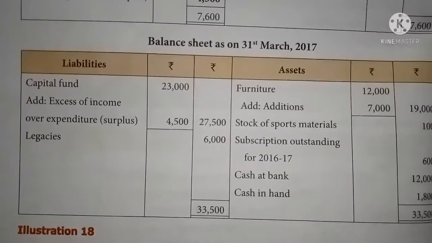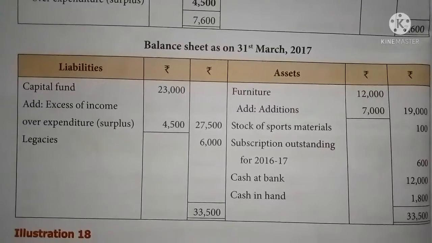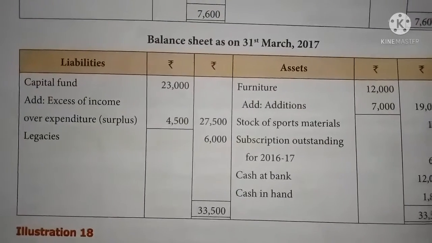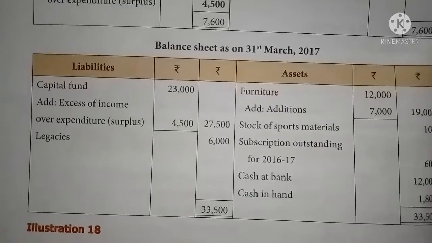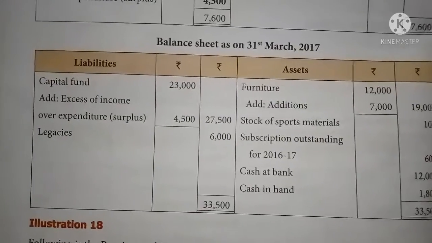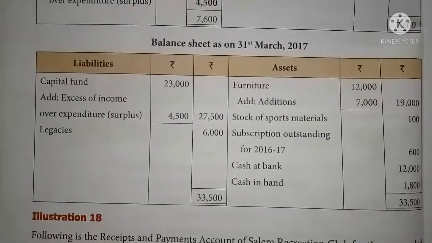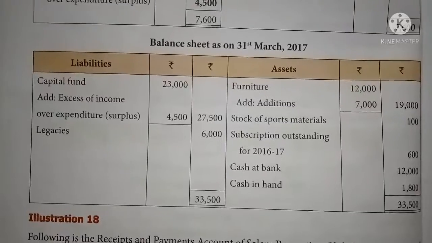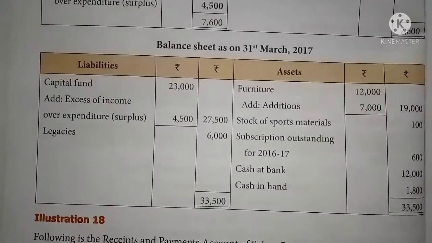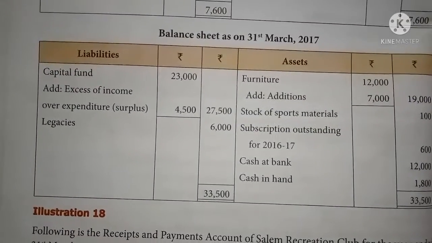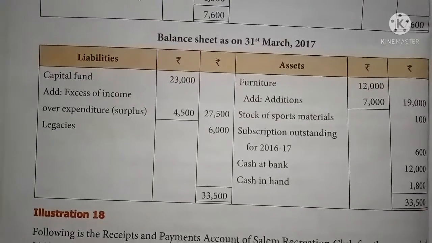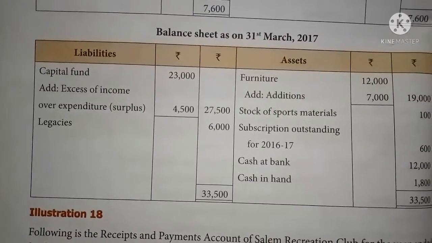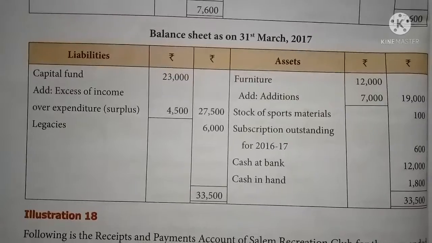Legacies, it is the capital receipt. It is already given in the receipt and payment account receipt side. That should be taken to the liability side of balance sheet, 6,000. So after writing all the receipts, capital receipts and the capital payments and some adjustments including the capital fund, now you can balance the balance sheet. First add the liability total.